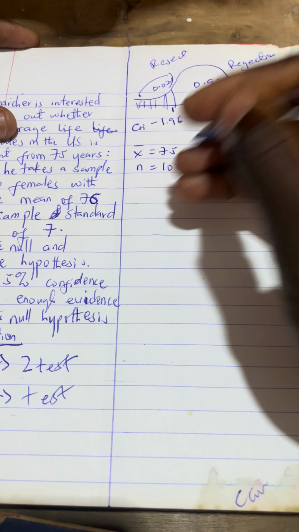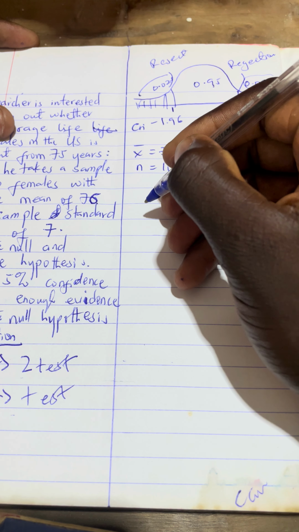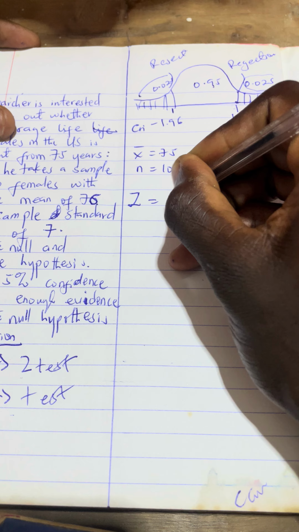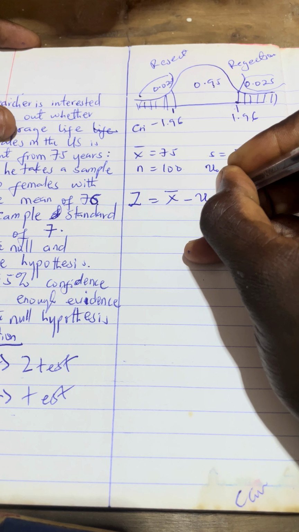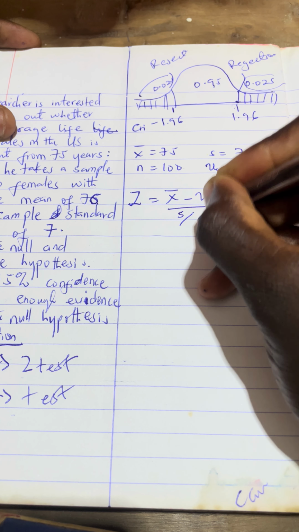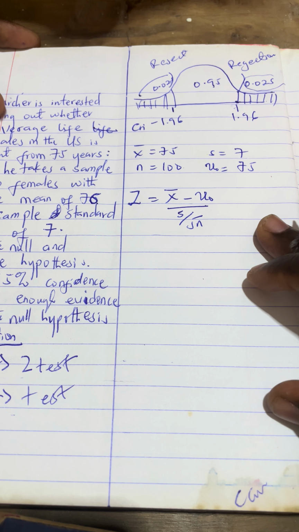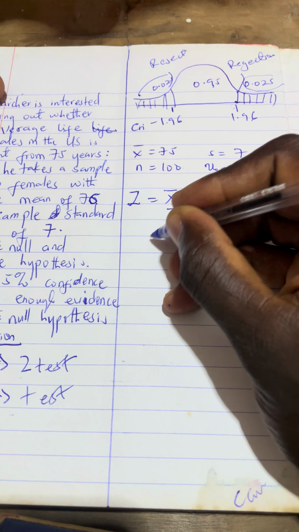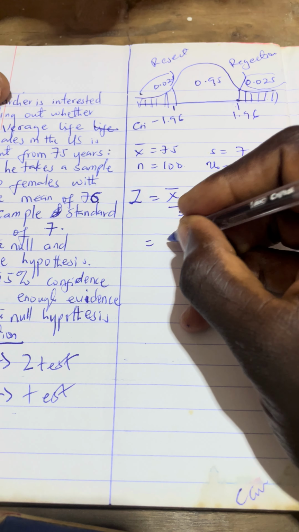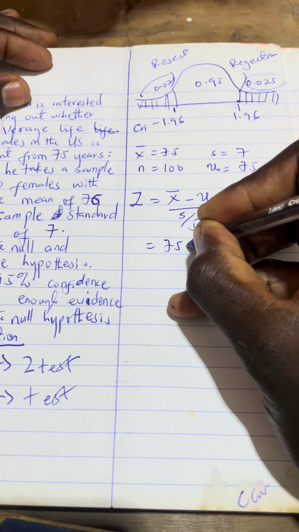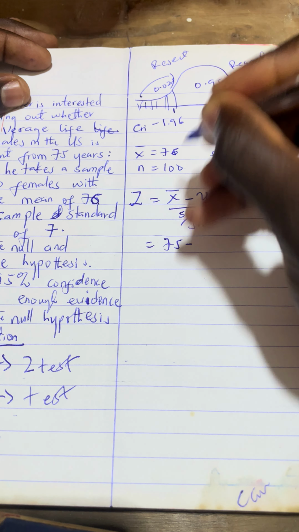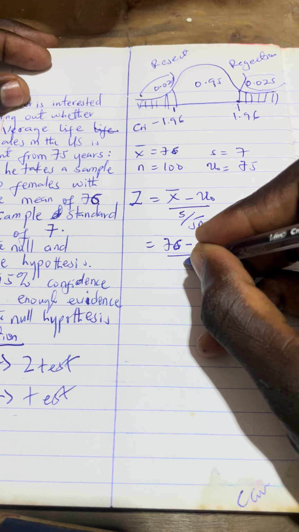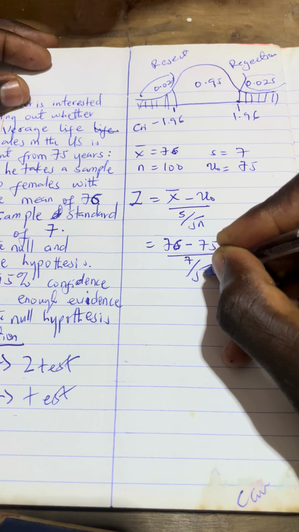So now let's solve whether we are going to reject the null hypothesis or fail to reject it. So z is equal to the sample mean minus the population mean, all over s over root n. This is the formula we are going to use. So by substitution, we have 76 minus 75 all over 7 over root of 100.